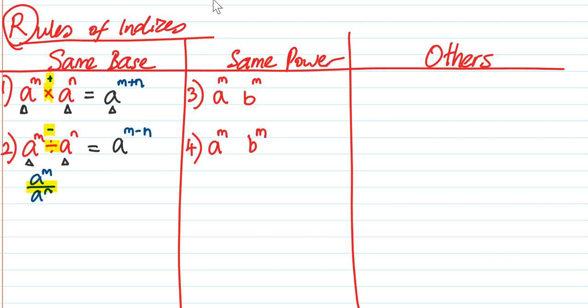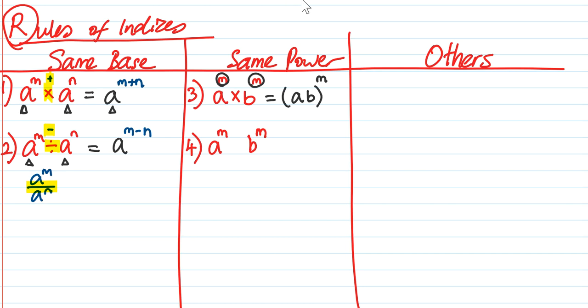Okay, so first, if it's a multiply, what are we gonna get? Okay, in this case, the power is the same. So the third rule of indices is we take a times b, which is ab, open the bracket, and put the power outside. So it's a multiplied by b, put the power outside.